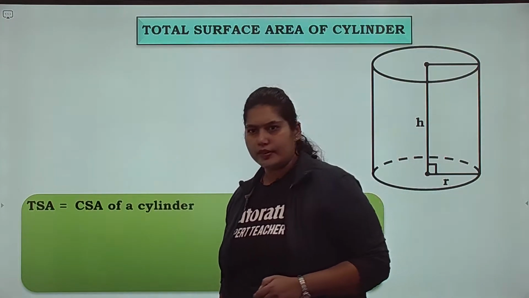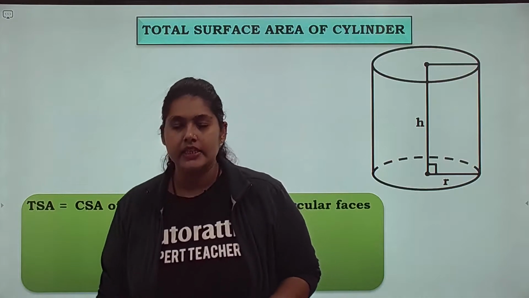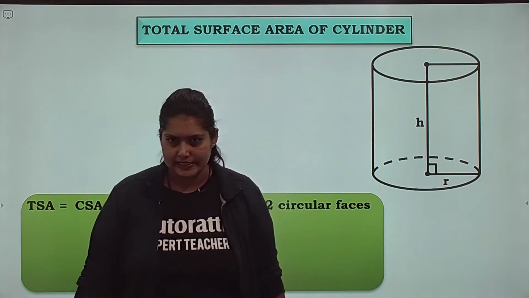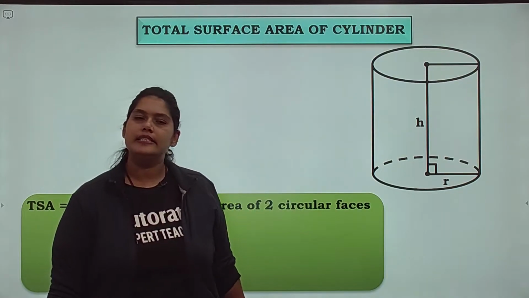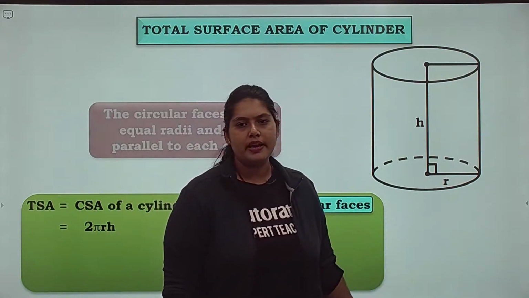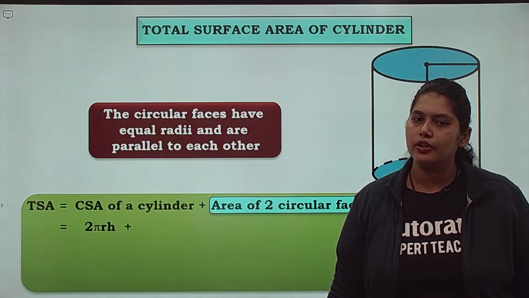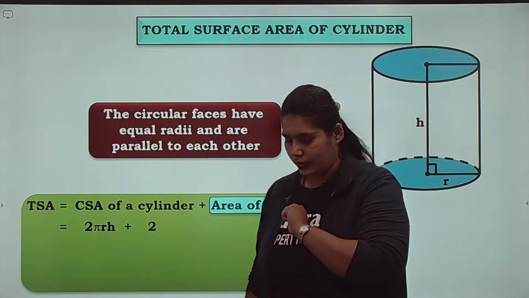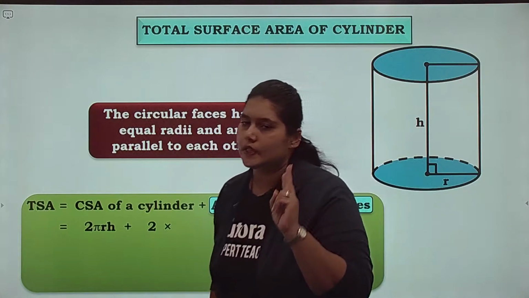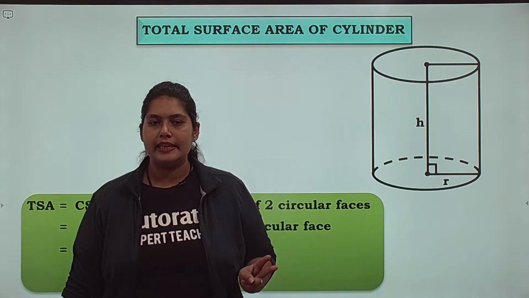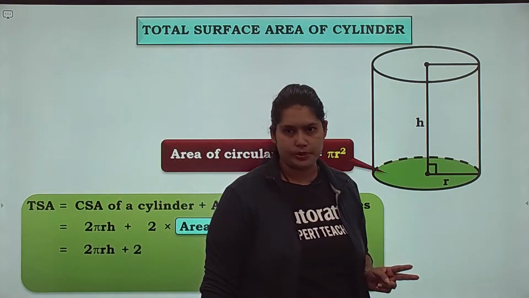Curved surface area of a cylinder plus 2 times the area of any one circle, isn't it? Correct? So let us replace all the values. 2 pi r h हमारा कर्व्ड सरफेस एरिया है प्लस एरिया ऑफ अ सर्कल क्या होता है बच्चों? पाई आर स्क्वायर. ठीक है, बट हमको दो सर्कल्स हैं हमारे पास तो हम दोनों के लिए 2 लगा देंगे और वैल्यूज सब्स्टिट्यूट करेंगे.